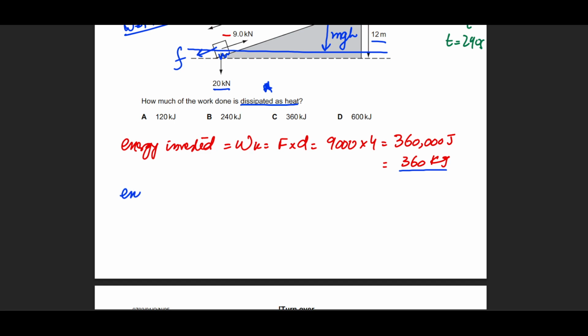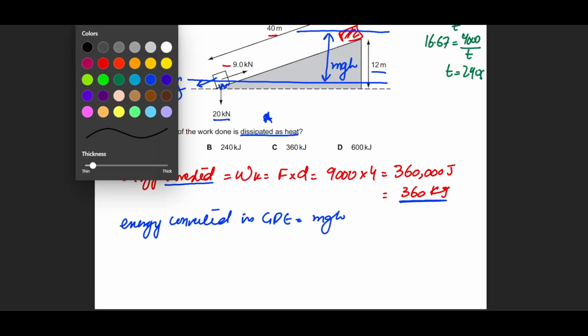So let's find the energy converted. Notice I'm changing the word: first I used invested, now I'm using converted, because whatever you have invested is going to get converted into two things. So the energy converted into gravitational potential energy will be equal to mgh. Now notice one more problem over here. Please keep your eyes open.